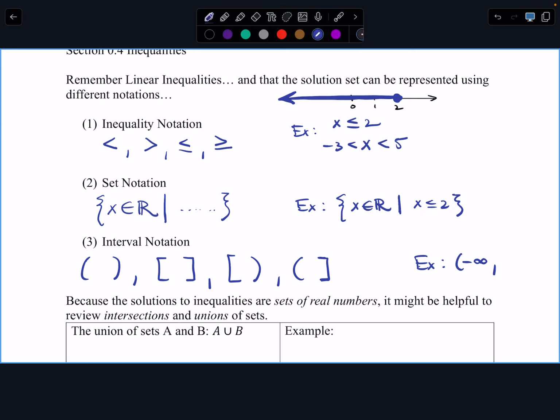And in this case, when we say x is less than or equal to 2, if we were to plug 2 into that inequality, we would have a true statement, right? 2 is less than or equal to 2. So that means that we can include 2 in the interval in interval notation by using a bracket.